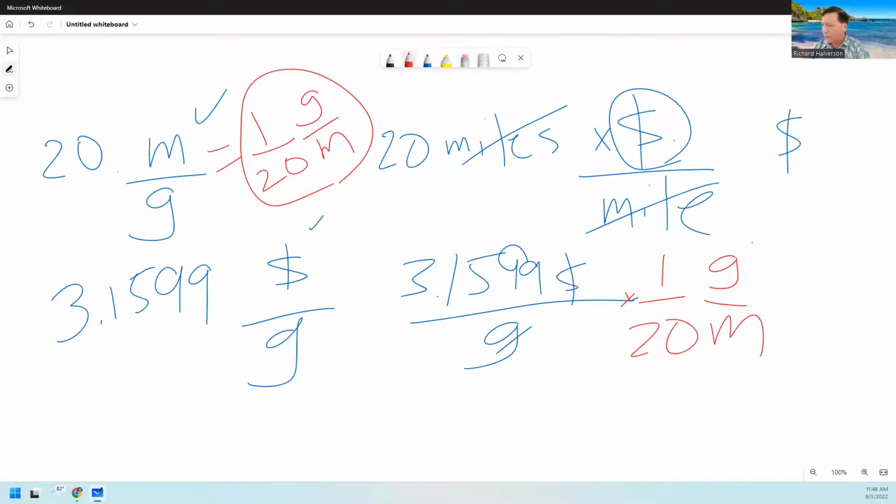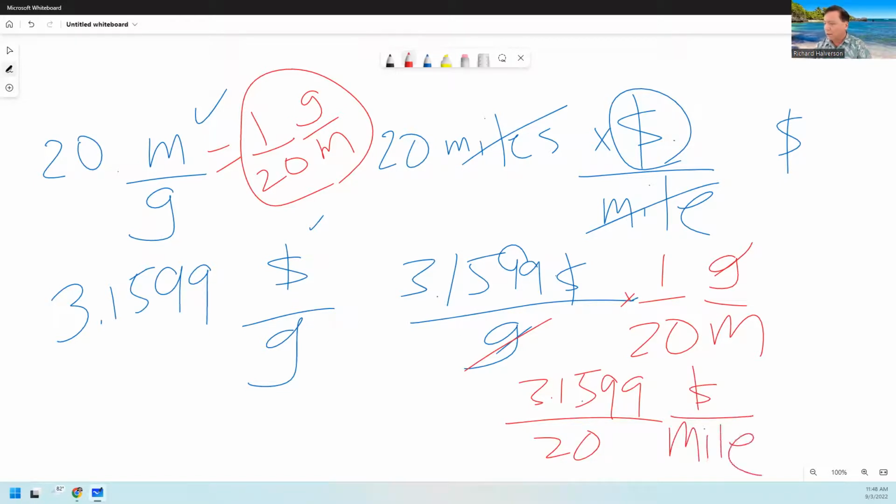Then the gallons cancel, and we end up with 3.15/20 dollars per mile. Once we have this number, we just multiply that by 20 and we get the dollars for 20 miles. Multiply it by 75, we get the dollars for 75 miles, and multiply it by 500, and we get the dollars for 500 miles.